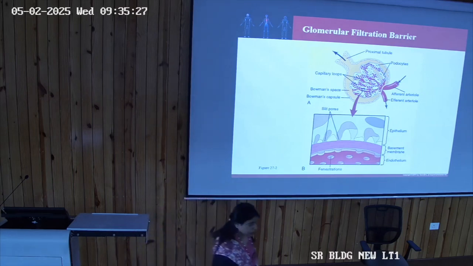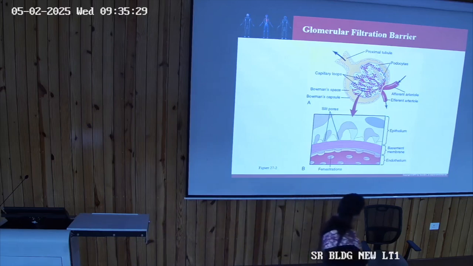So what is the structure of the filtrating membrane? It is the endothelium lining of the capillaries. Now what is the special property of this endothelium? It has slits or pores. तो इसके जो slits and pores होते हैं 50 to 100 nanometer dimensions के होते हैं. Then comes the basement membrane, okay, उसके और भी कम होंगे.